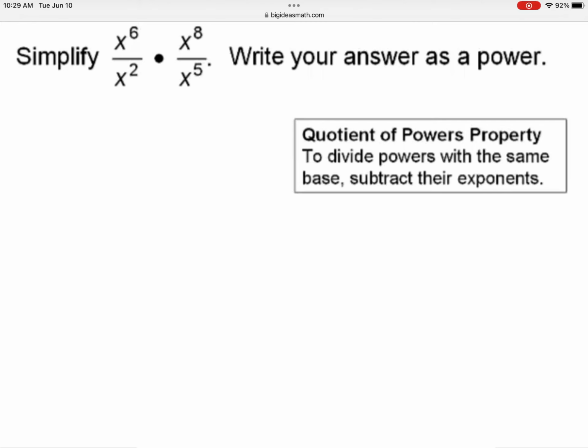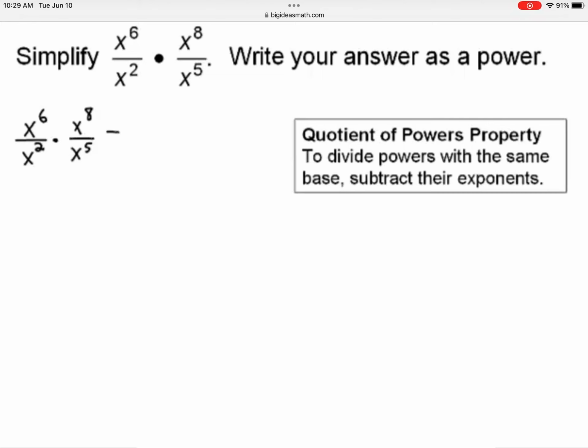So, let's write the expression first. x to the 6th divided by x squared times x to the 8th divided by x to the 5th.